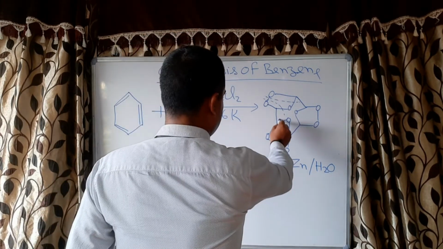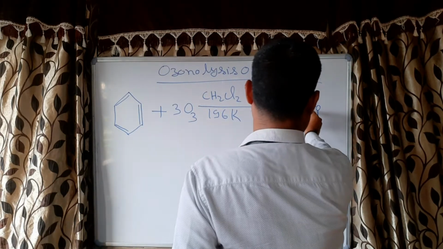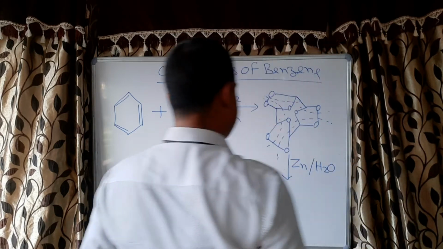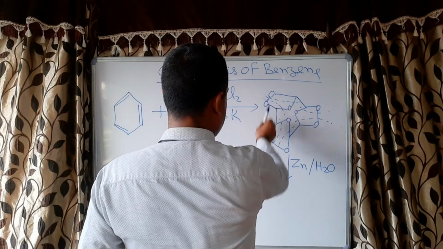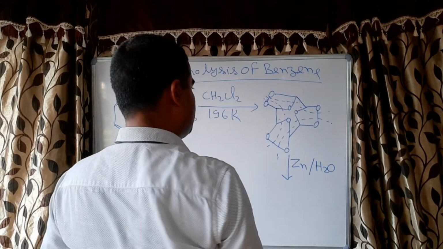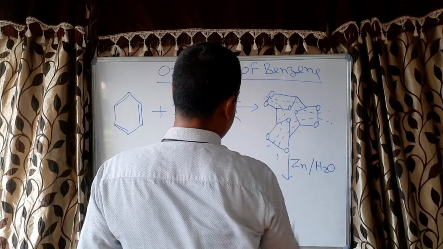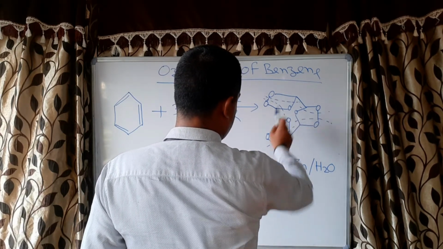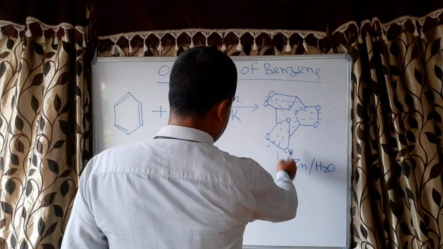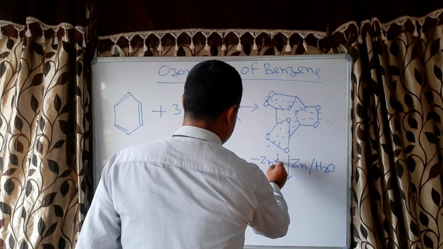Similarly here. So this oxygen, this oxygen, and the others will remain attached by one bond, and these three oxygens will be completely removed, and zinc will react with these oxygens and will form zinc oxide.